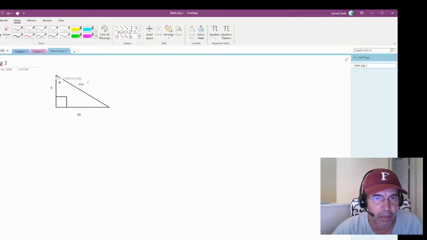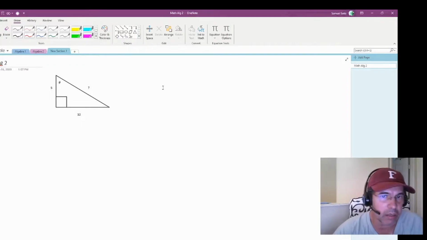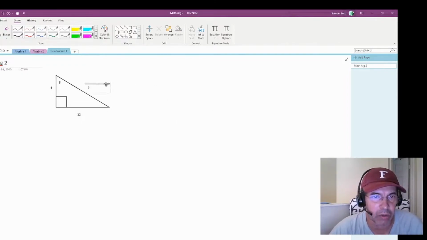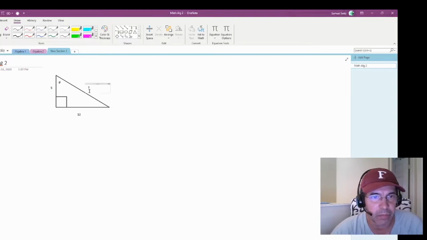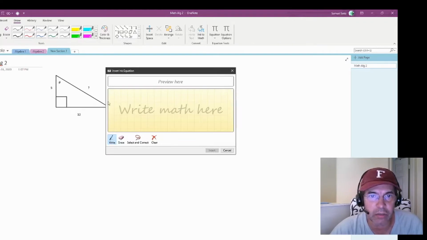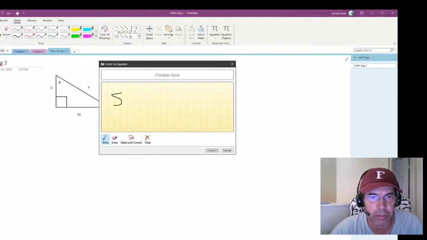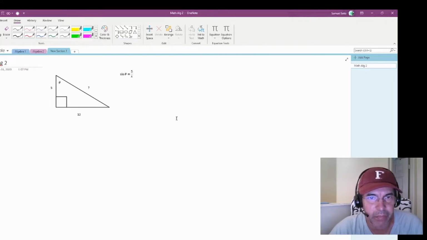And I want to find out what the hypotenuse is, so I'm just going to type in a question mark there. And then let's say I want to find out some of the functions. For example, I want to find the sine of this theta.